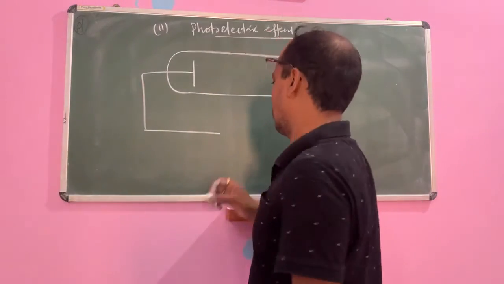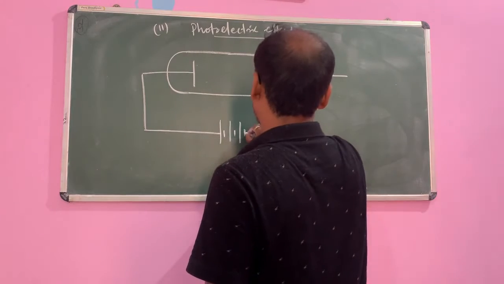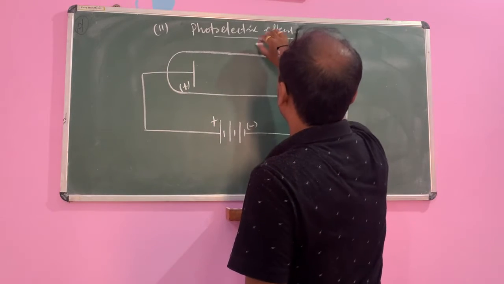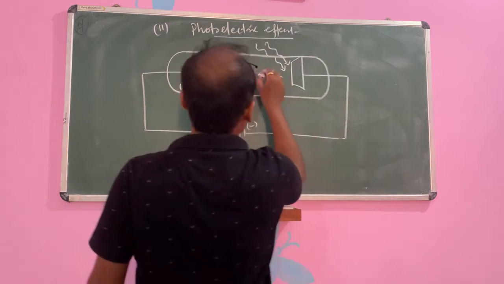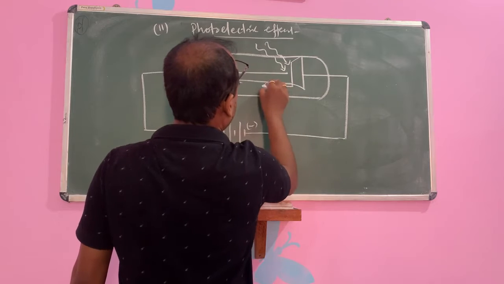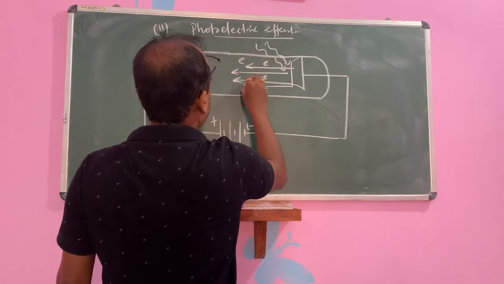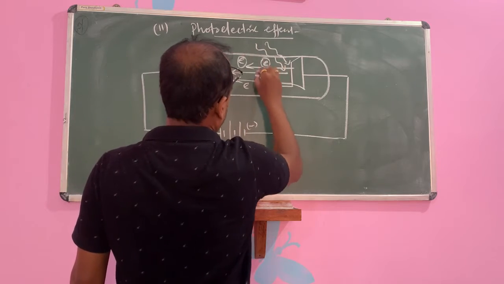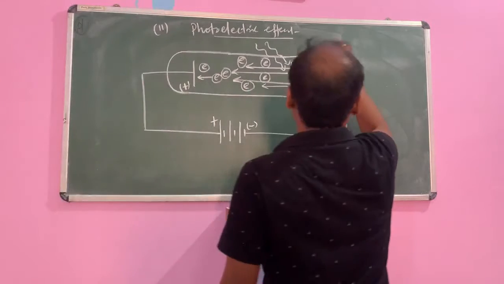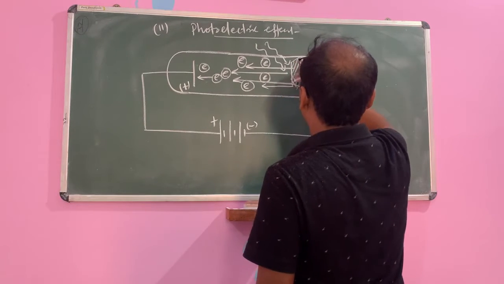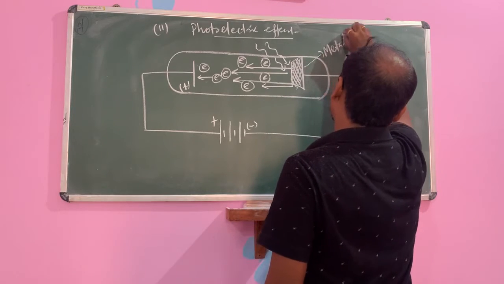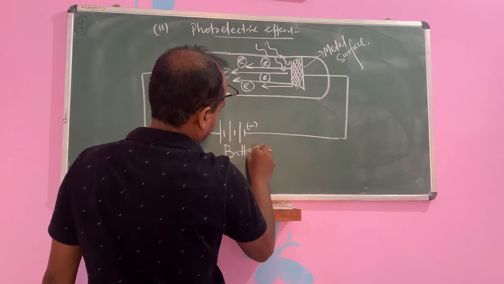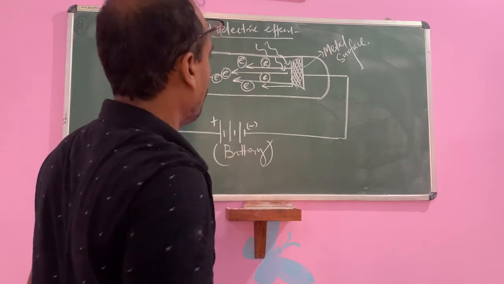Here there is a battery with positive terminal, radiation falling on the metal surface, and electrons.